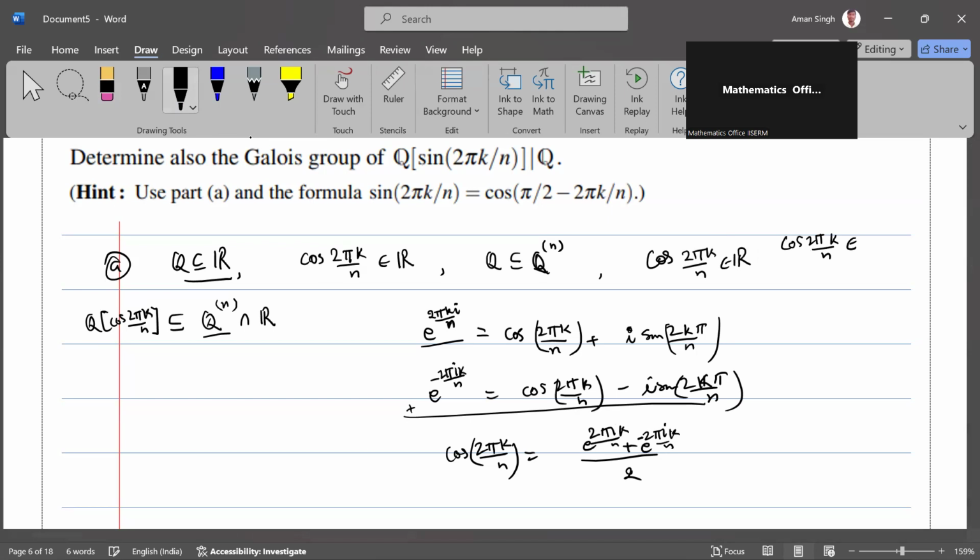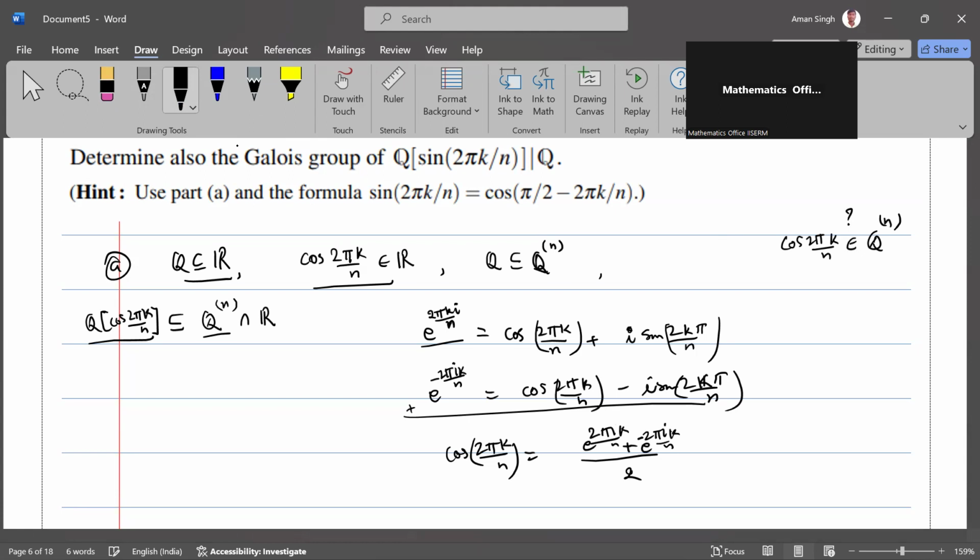Is this belonging to Q_n? Yeah, this was the question. This is already written somewhere previously here. Q is a subset of R, and this is also a subset of R. So this being a subset of R is clear, and Q being a subset of Q_n is clear.